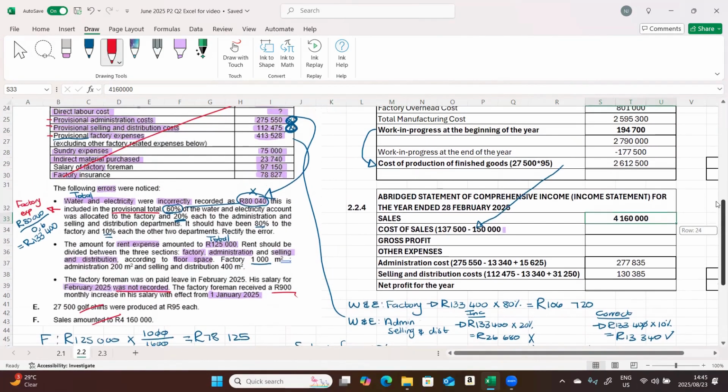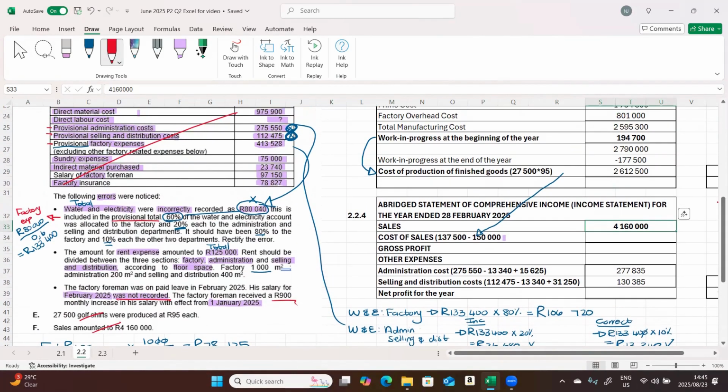Can you see that we have this arrow over here to remind us that once we get the cost of production of finished goods, which we actually could have gotten by just reading all of the information, but anyway, we have it now. We have to remember to go and add this 2,612,500 Rand to our cost of sales.